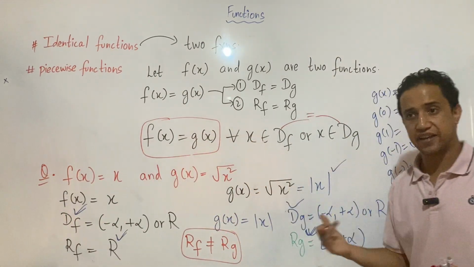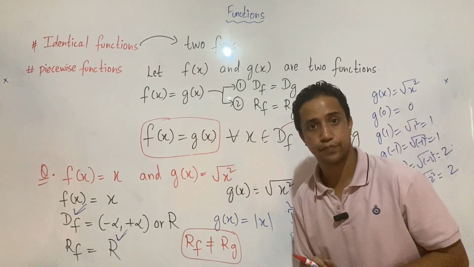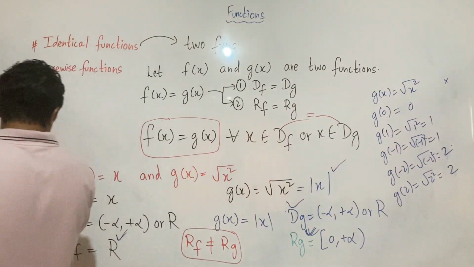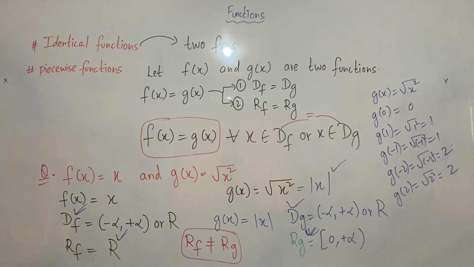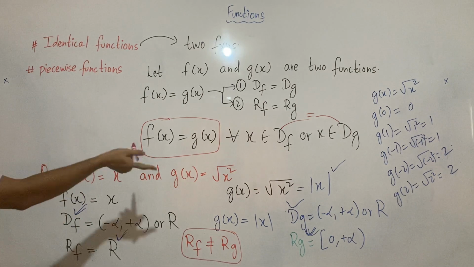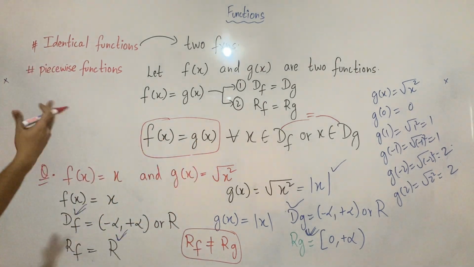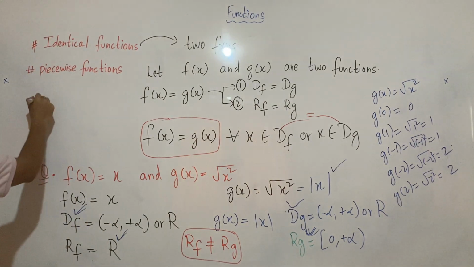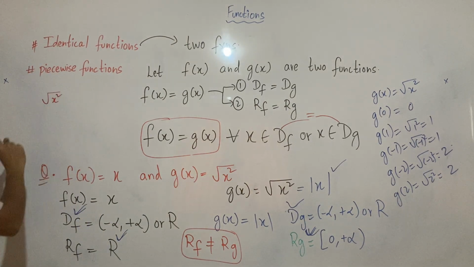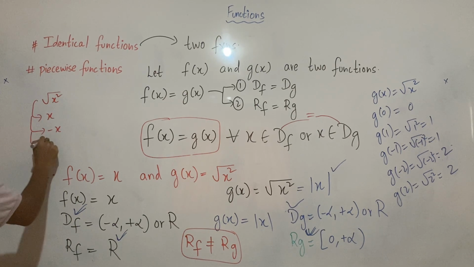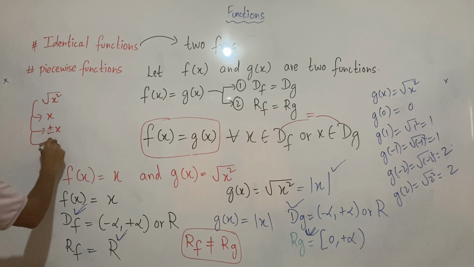I hope this has made sense to you. Now sometimes you may come across a question, I have seen this type of question at lots of places, where you are asked to find the value of under root of x square and you are given the options x, minus x, plus minus x, and mod x.